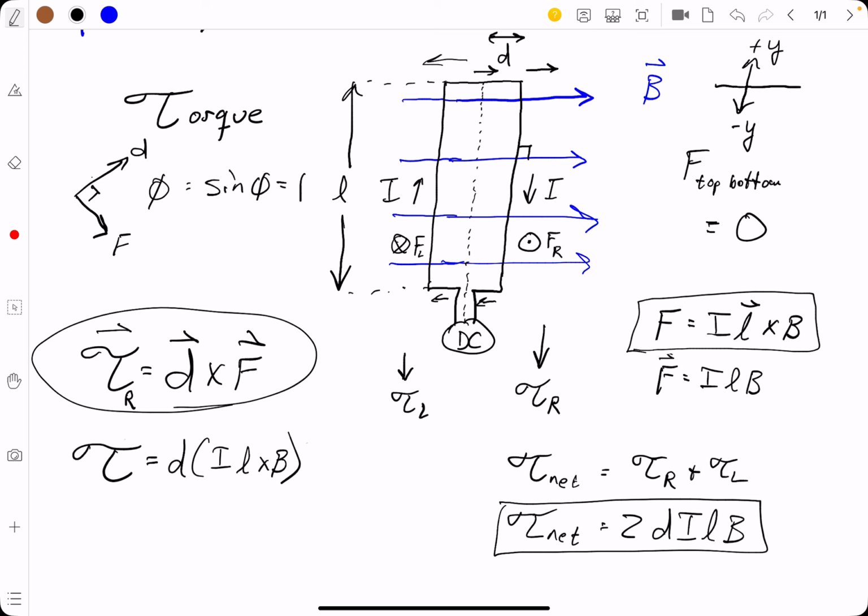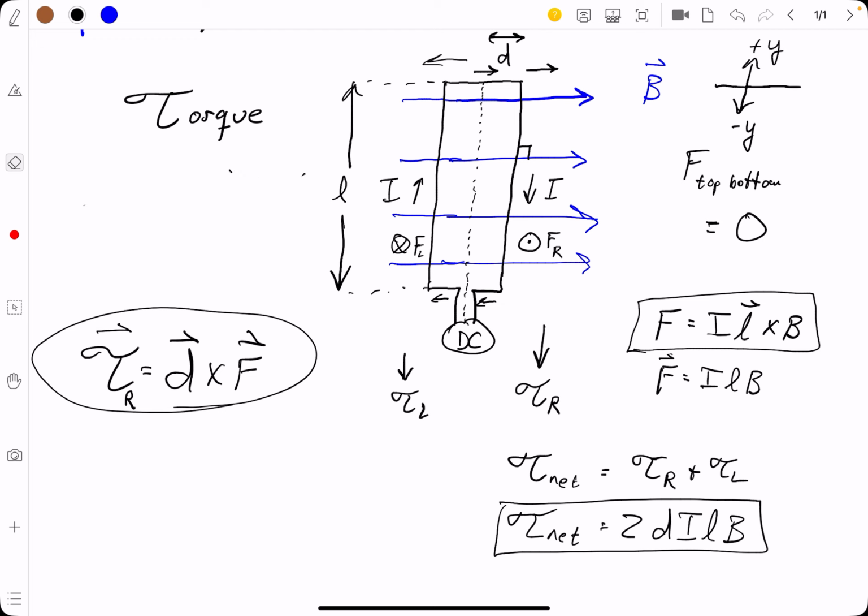I'm sorry, guys. It's not this one that is the one that changes. It really is D. So at sometimes the angle between D and the force is going to give us this sine of phi, okay?